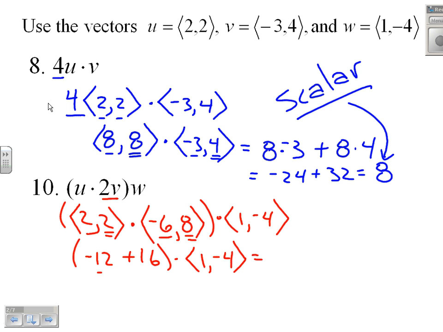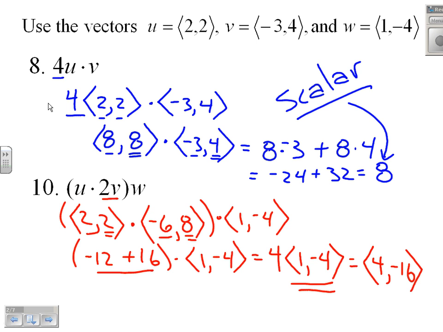So that becomes 4 times 1, -4. But now I'm just scaling this vector. 4 times it, 4 times as big, 4 times as powerful, however you want to look at it, would become the vector 4, -16. So there is some dot product work going on in this problem, but we still end up with a vector.